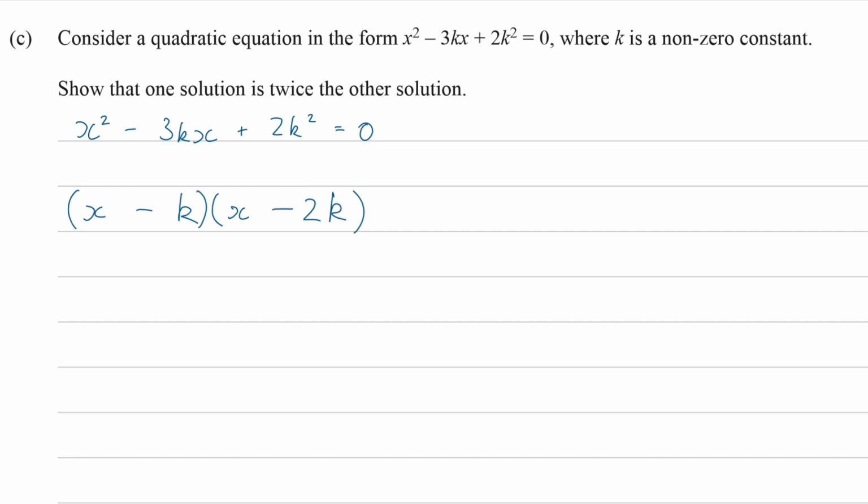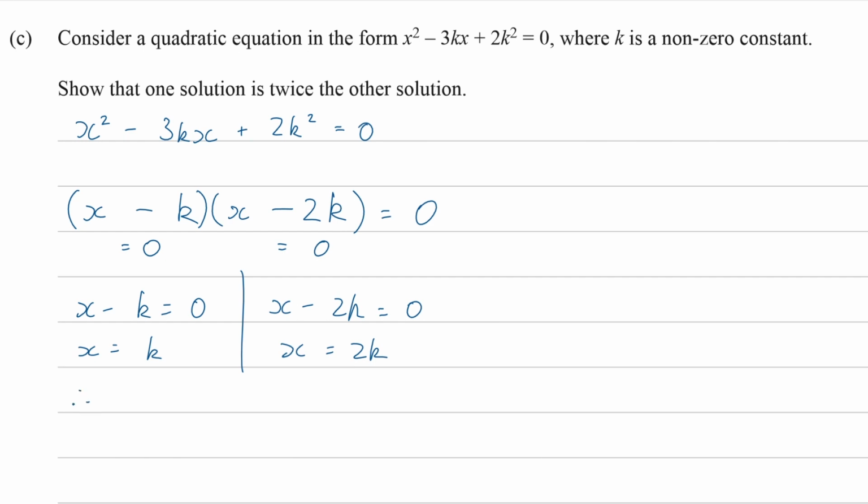Okay, so we haven't found a solution yet. We've factorized it. But since this equals 0, we know that either set of brackets could be 0. So if x minus k equals 0, x would equal k. Or if x minus 2k equals 0, x would equal 2k.